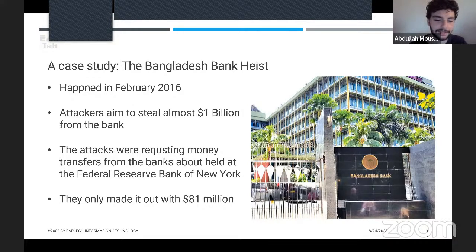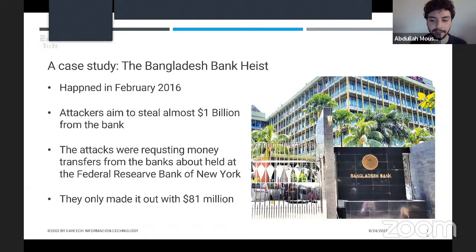This would have been the biggest bank heist ever in history. The attackers were requesting money transfers from the bank's accounts held at the Federal Reserve Bank of New York. But thankfully they only made it out with $81 million at the end, which is still a lot. And it's a lot of people's money.